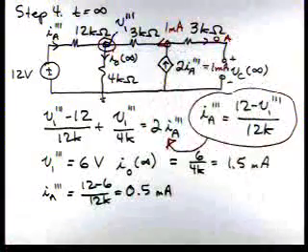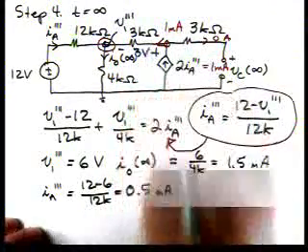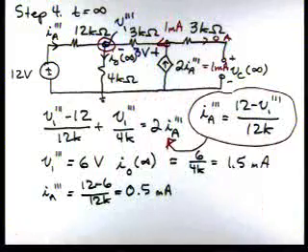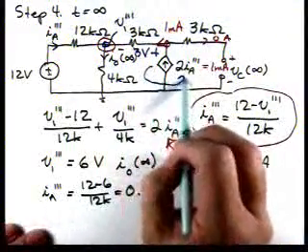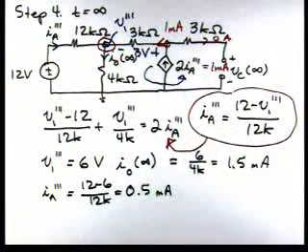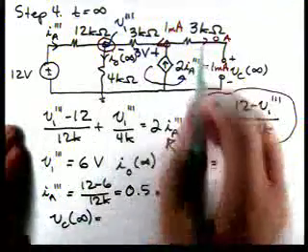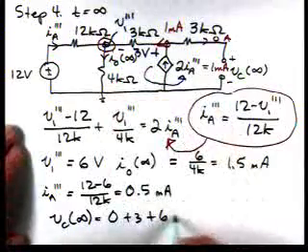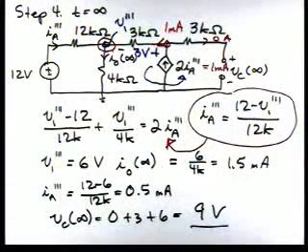And then that tells us that there's 3 volts across that 3K resistor. So now we can get VC of infinity by going around this loop. So VC of infinity, we have 0 there, we have 3 volts here and then 6 volts, so VC of infinity is 9. Now we're going to use that in just a second. I thought I'd go ahead and calculate it while we were at this circuit.